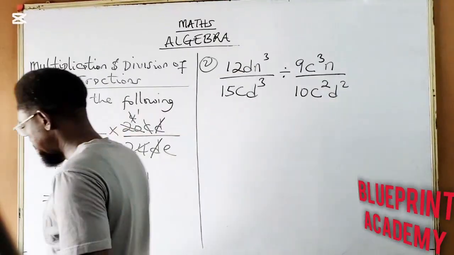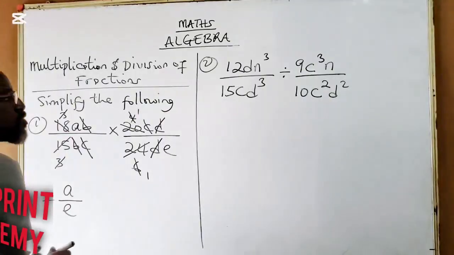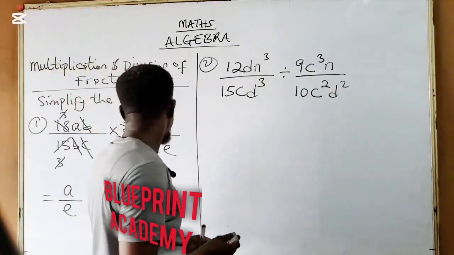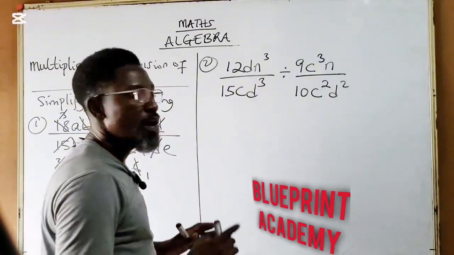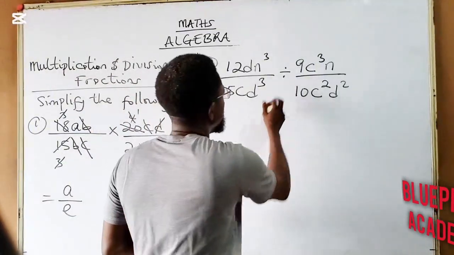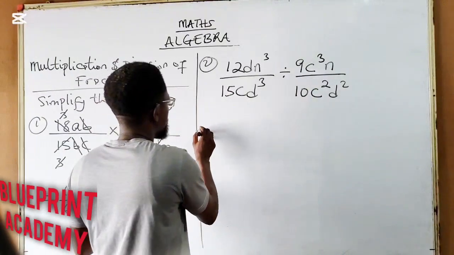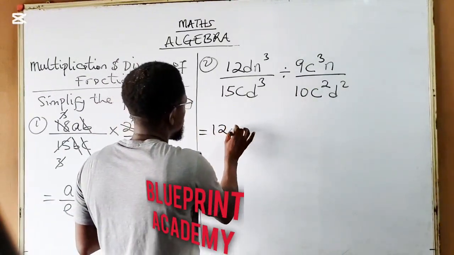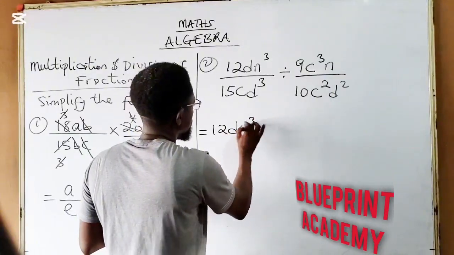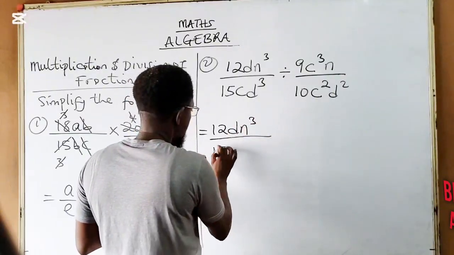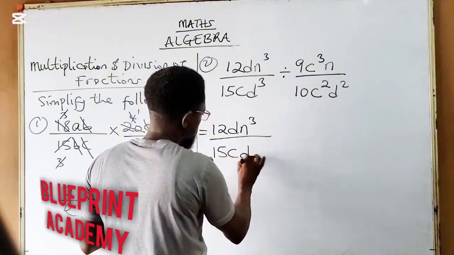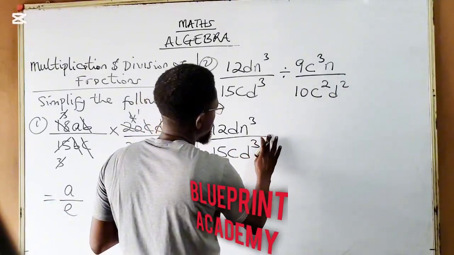Now if you have something like this in algebra and you want to divide, it's the same thing we did here. The first thing we do is change the division sign to multiplication. We'll have to invert, just like I showed you previously.